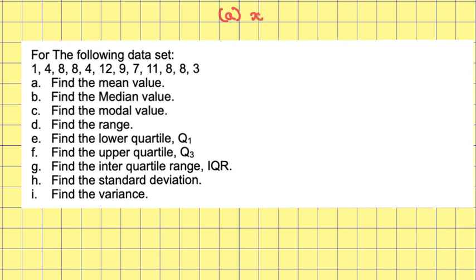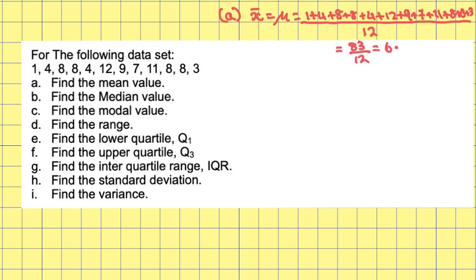Well, the mean, x bar, which is equal to mu, is equal to, we add them all up, so it's 1 plus 4 plus 8 plus 8 plus 4 plus 12 plus 9 plus 7 plus 11 plus 8 plus 8 plus 3 divided by how many there are, and there are 2, 4, 6, 8, 10, 12 pieces of data, which is equal to 83 over 12, which is equal to 6.92.